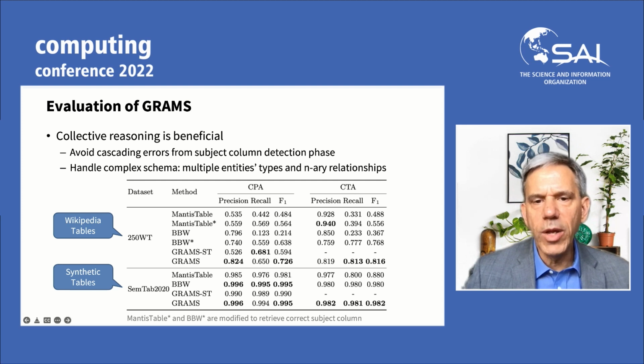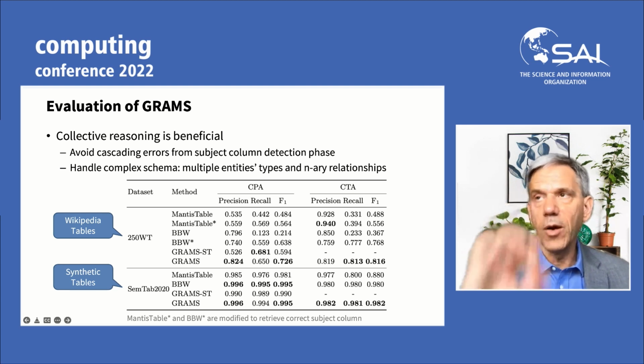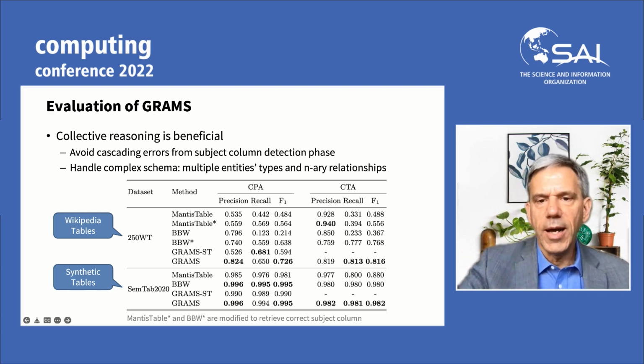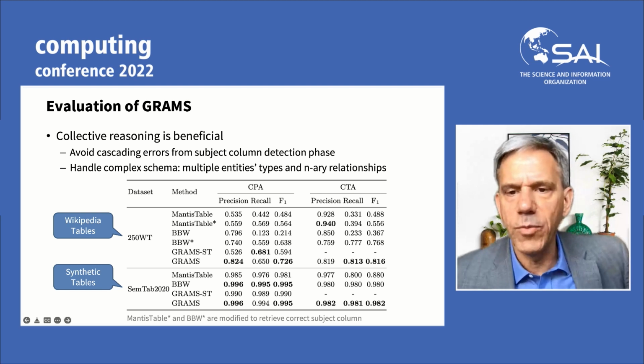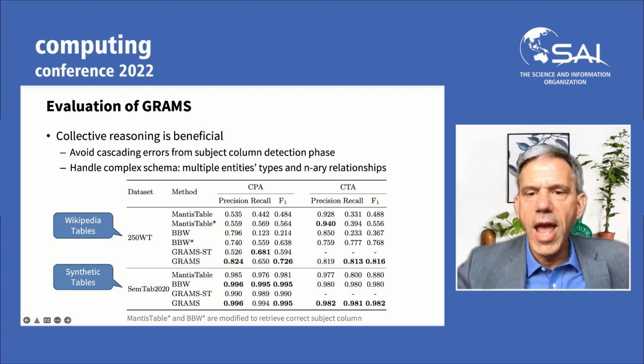We compared on two different types of data. One was 250 Wikipedia tables selected at random. The second is a set of synthetic tables that someone else created called SemTab 2020. We compared all the systems, just as before, using precision, recall and F1. And there are two different comparisons.